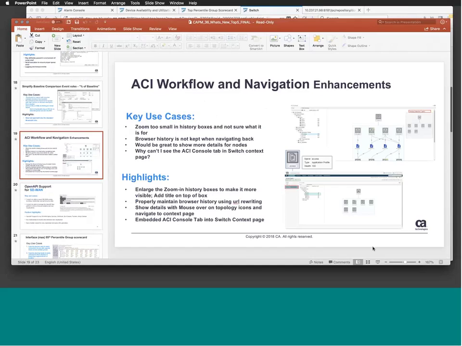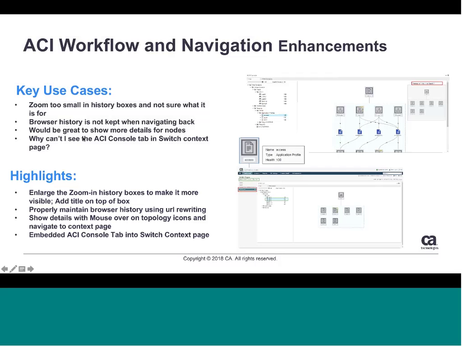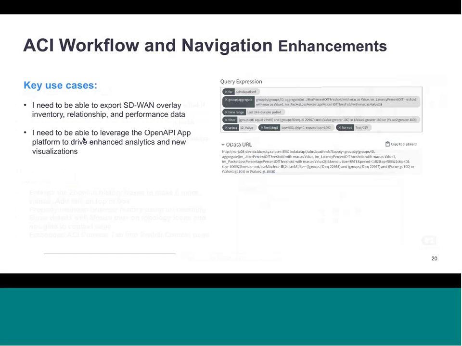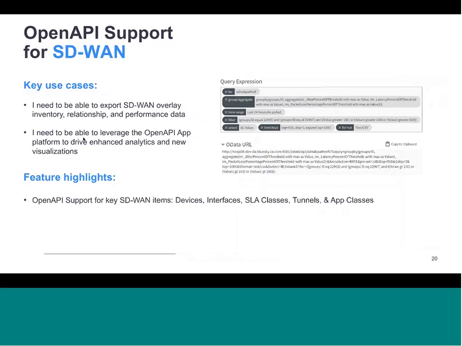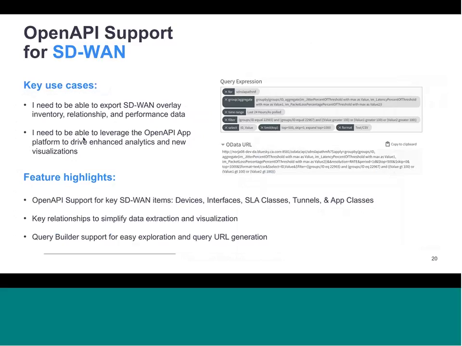So there's a lot, even top 5 content, there's a lot. We've added support in our OpenAPI for SD-WAN with some very interesting relationships that we've added. So being able to support devices, interfaces, classes, tunnels, applications, and then build those relationships to be able to make queries to tell me, hey, which sites are not meeting my SLA expectations for this particular application.